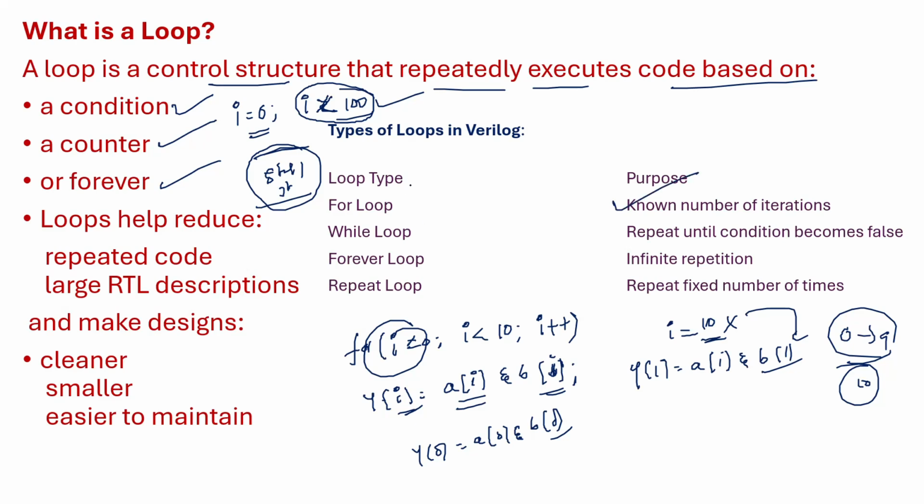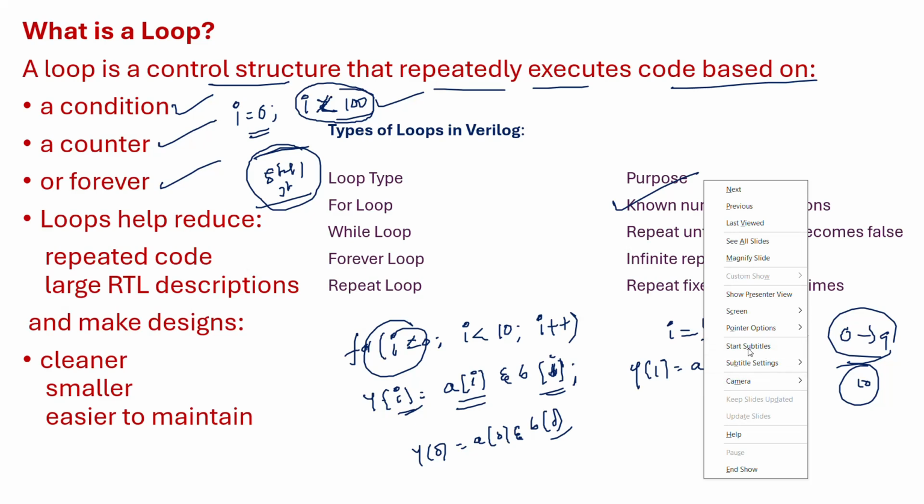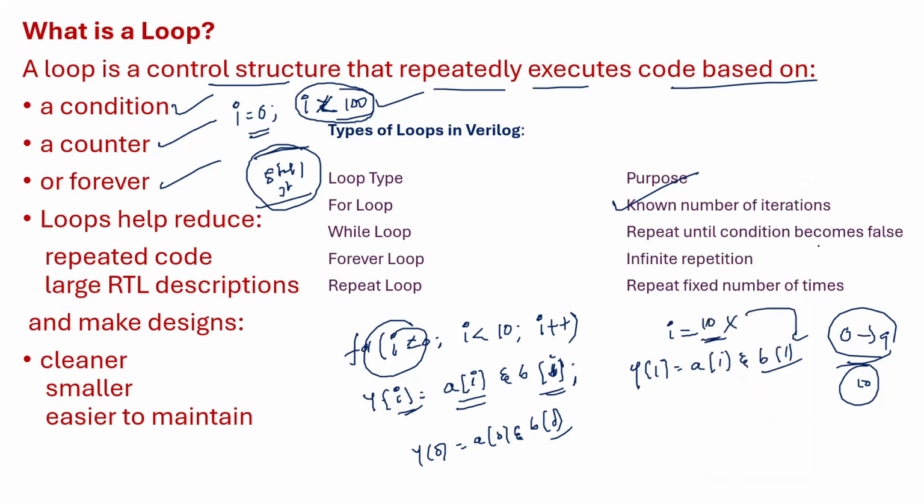Clear? And the while loop is also a known condition, but it repeats whenever the condition is true. If the condition is false, it terminates the loop. Same thing, but it repeats until the condition becomes false, so it does not repeat infinite times. Suppose while i greater than 0, you can take.